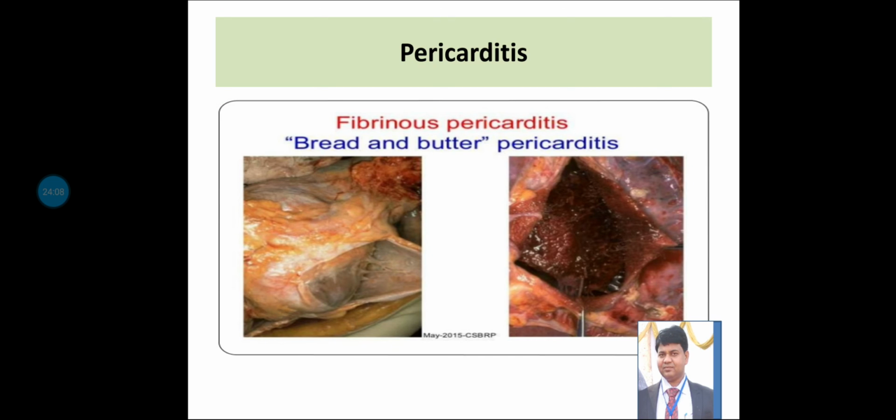Now coming to the pericarditis. In rheumatic fever, there is a fibrinous pericarditis. Due to the autoimmune reaction to the pericardium, the capillaries are injured and large gaps form between the endothelial cells.